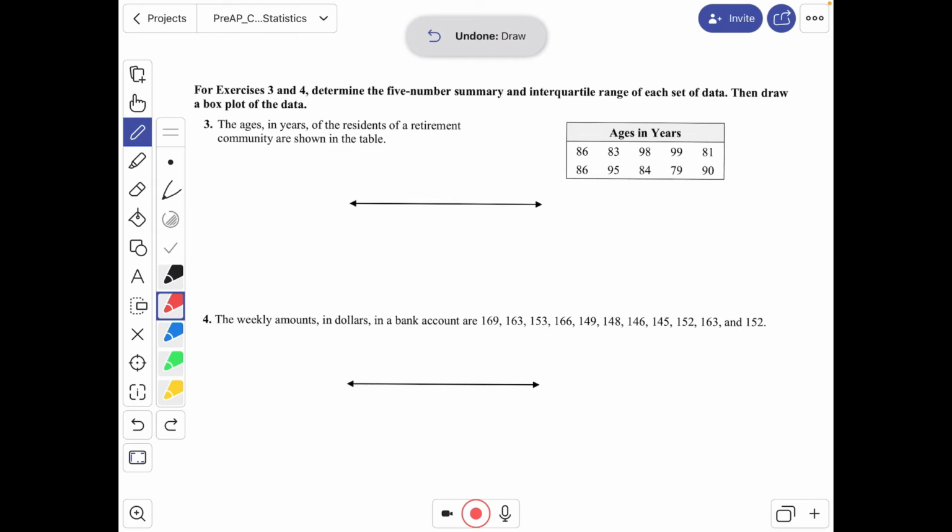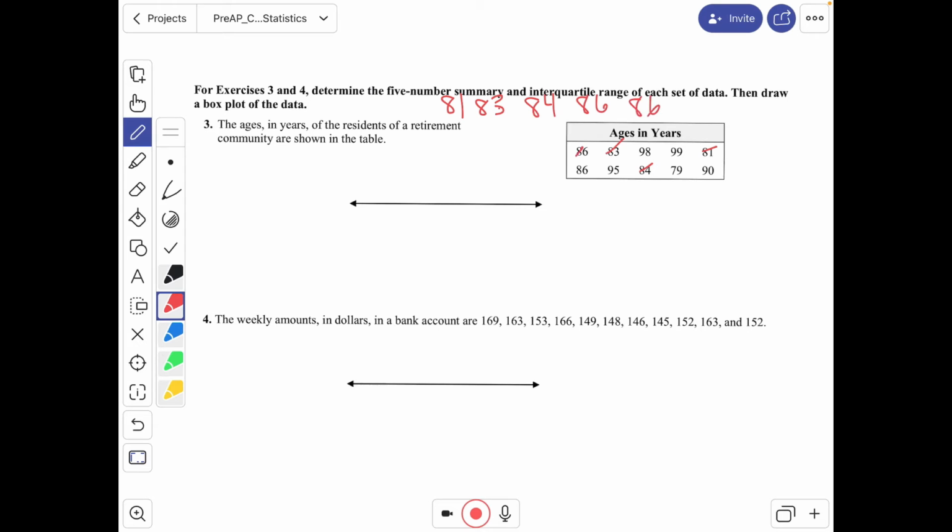But number 3, you're going to, again, you need to put them in order. So the littlest number is 83. Sorry, 81 was the smallest.